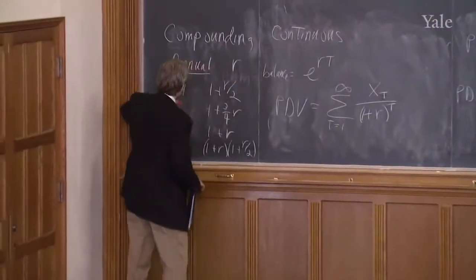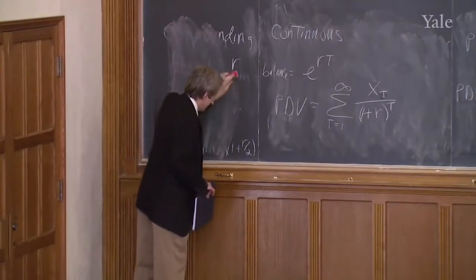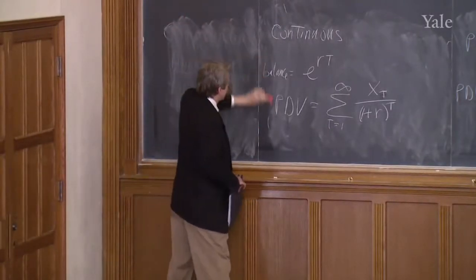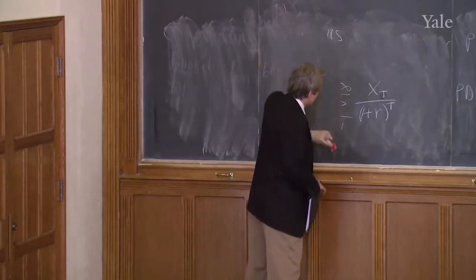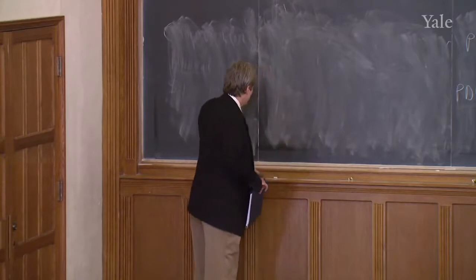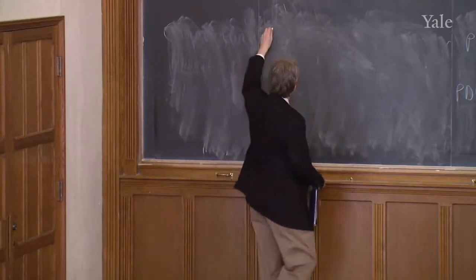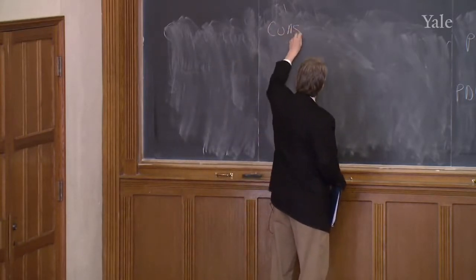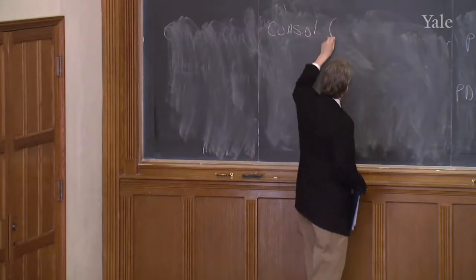There are a few present value formulas that are essential, and I'm going to just briefly mention them. The present value of a console or perpetuity.